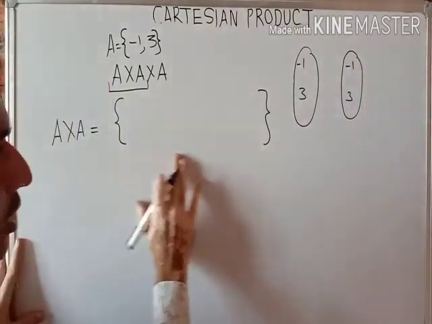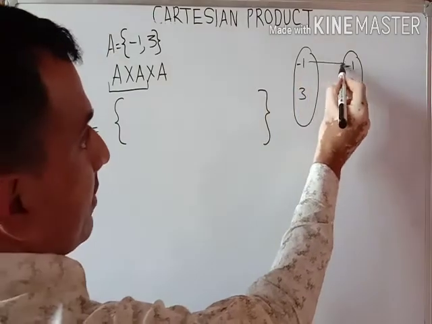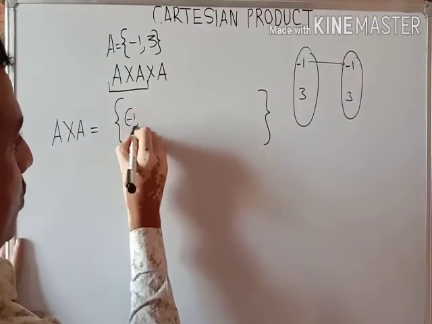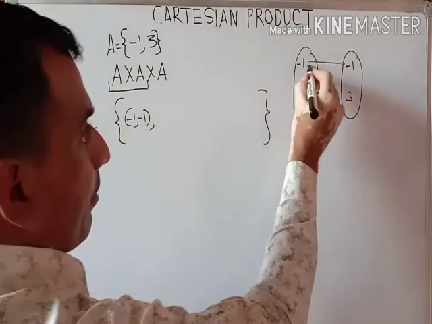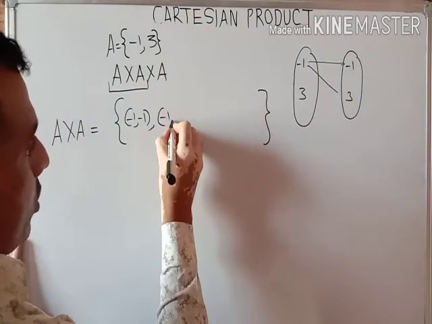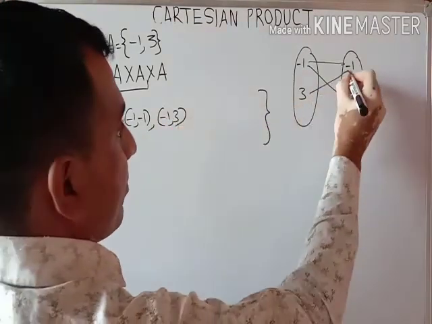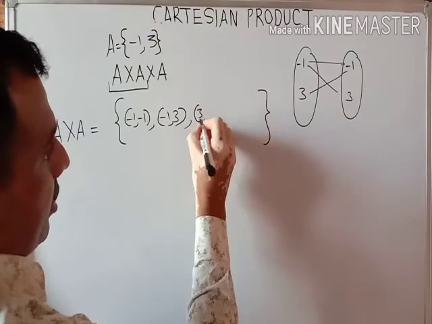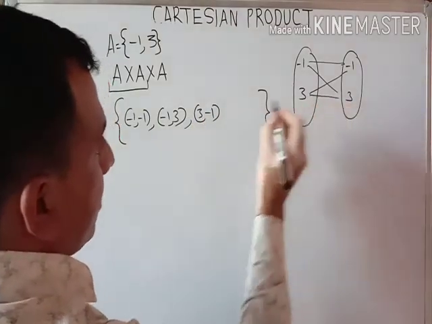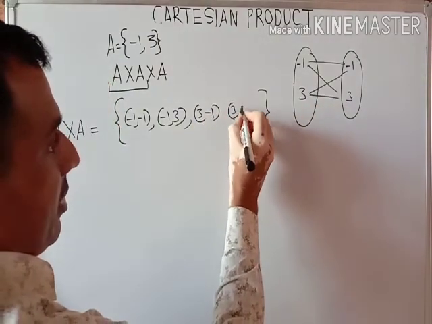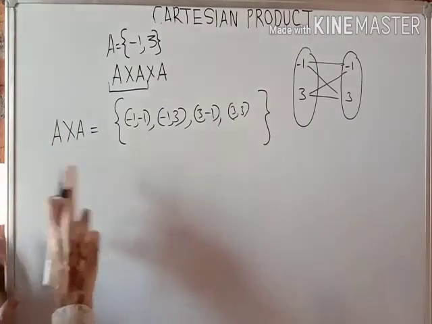Write the ordered pairs: (-1, -1), (-1, 3), (3, -1), and (3, 3). This is A cross A.